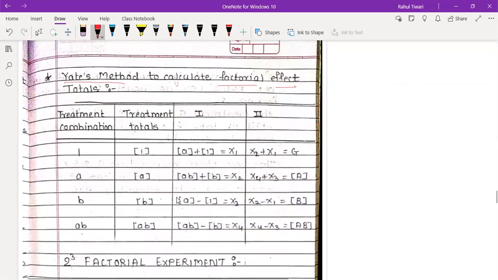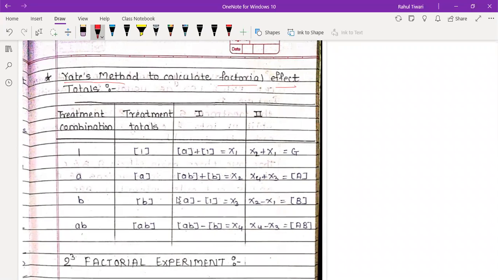As I said, we have treatments one, a, b, ab. Now look here. What is the total of treatments? If I write the close bracket A, that means that is all about the total.